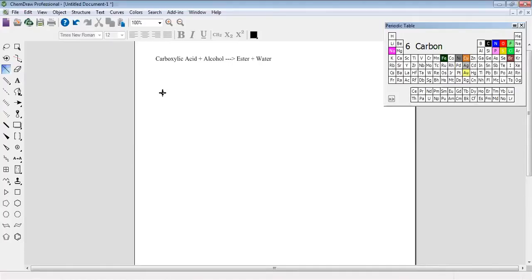Let's take the example of a carboxylic acid over here. The carboxylic acid is CH3, and up next we have C. Next to it is O, and next to it is also OH.